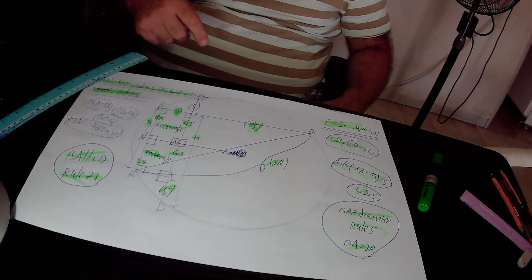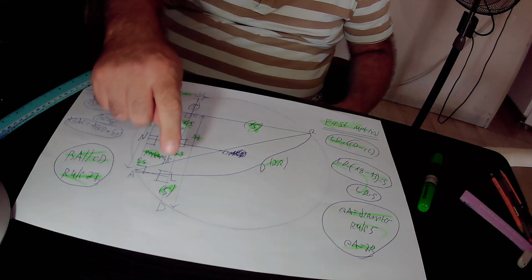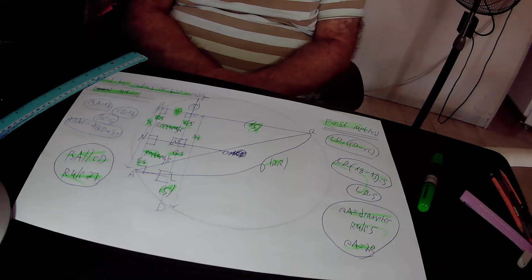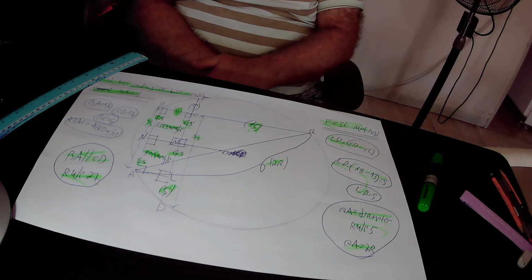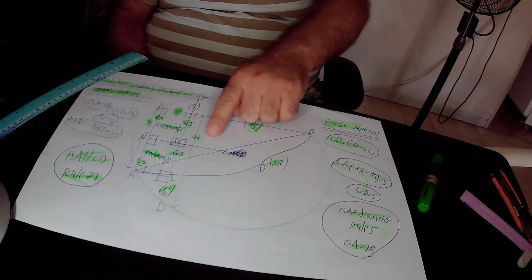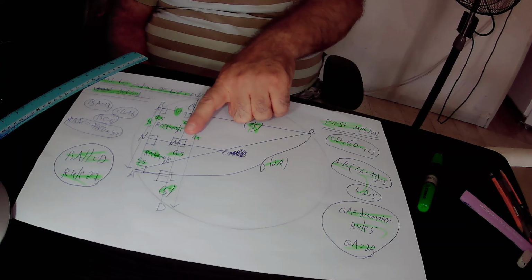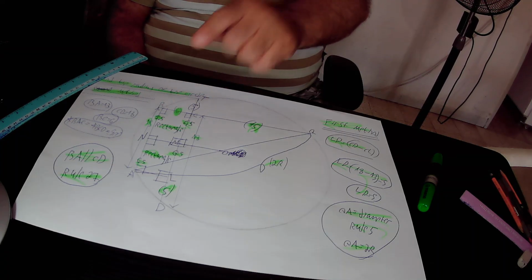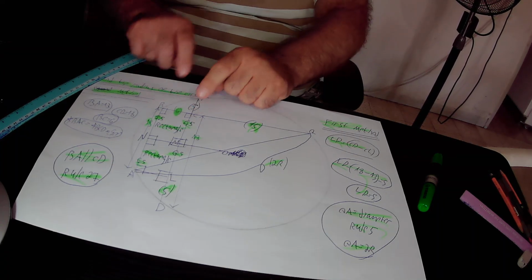So we know that CD is parallel to BA according to rule 27. Therefore, the extended perpendicular OM must also be perpendicular to BA. Why? Because they are parallel to each other.